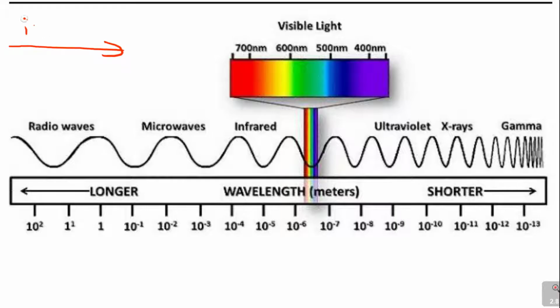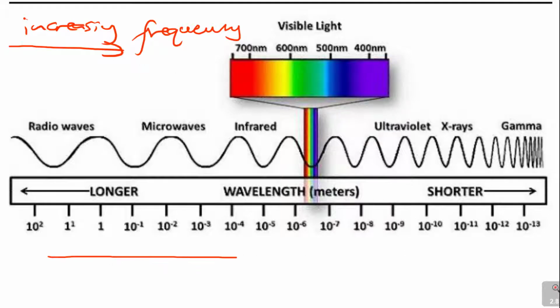This is increasing frequency. But don't forget, as frequency increases, the wavelength will decrease. It's the opposite. And with increasing frequency, you can also look at this direction: when frequency is increasing, this is the increase in penetrating ability.